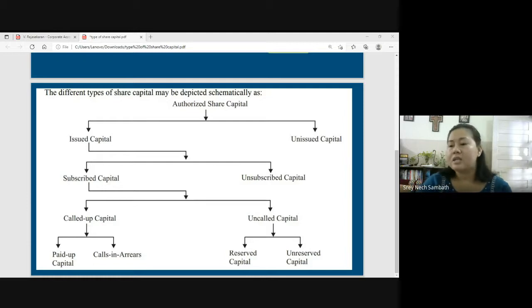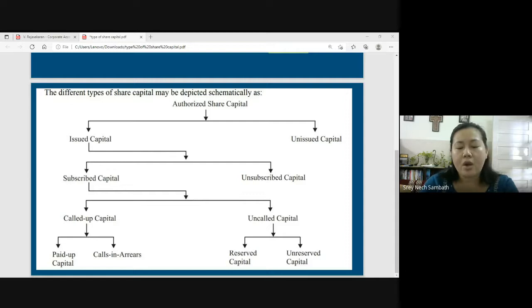So starting from the amount you are issuing, the subscribed capital, then the called up capital, and then how much has actually been paid up. The amount that has actually been paid up by the shareholder is known as the paid up capital.